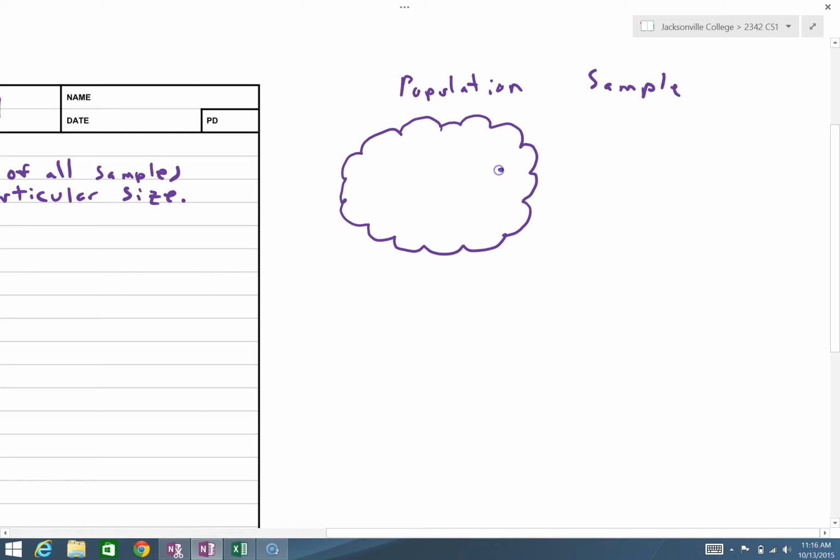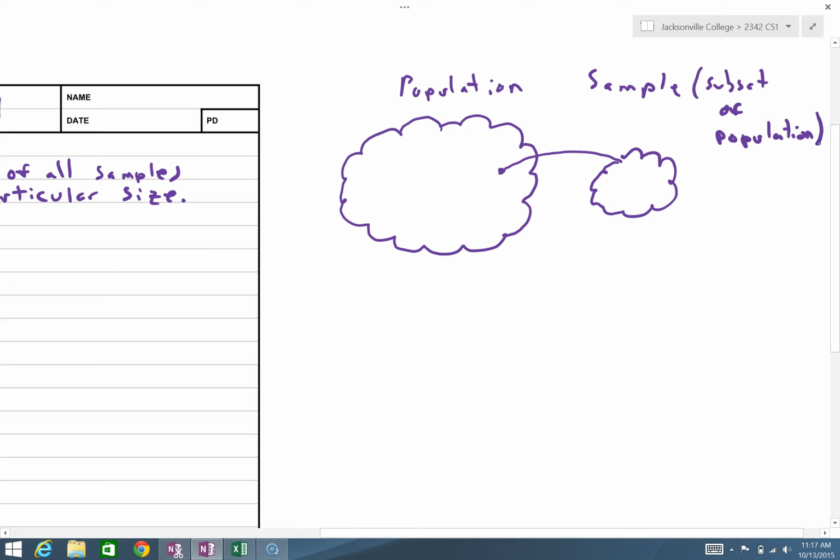We take a part of this population, and this subset of the population is called the sample.